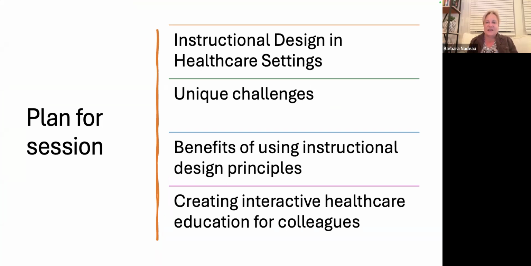We're going to talk about the unique challenges of providing education in the healthcare environment, and then how, when we use instructional design principles, that can help us increase the efficiency and effectiveness of our trainings. And then we're going to work together to design a training, or at least some components of a training. And I'm going to give you a little magic wand, and we'll get more on that in a little bit.